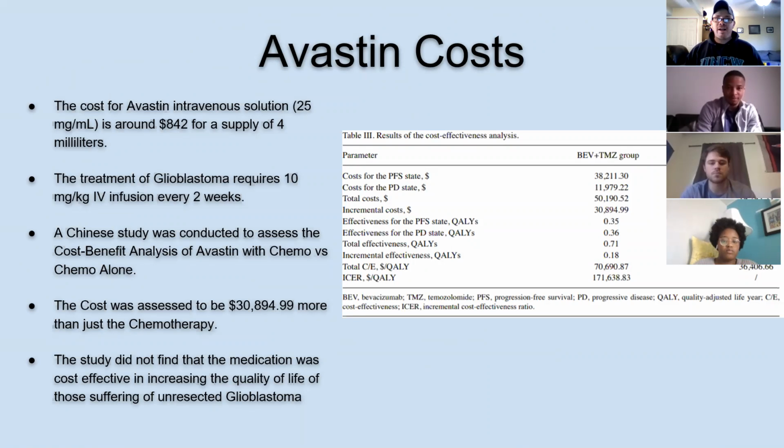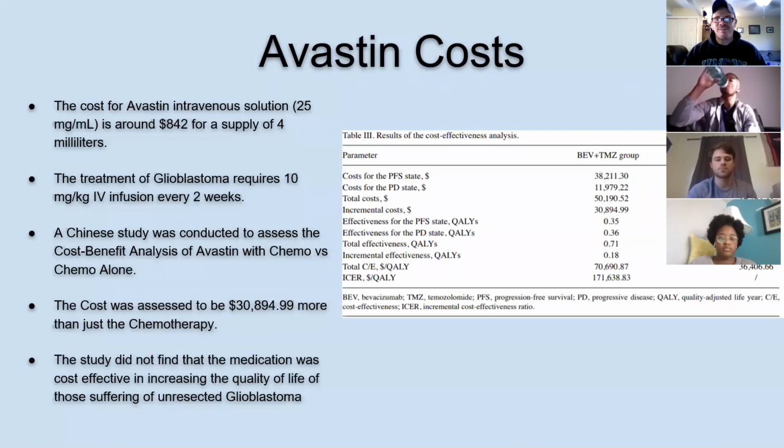It's really hard to figure out how much medications cost in the US because a lot of it changes based on your insurance, if you qualify for any kind of breaks, what kind of insurance you have. Even on Avastin's website, if you're trying to figure out if you could even afford it, they don't tell you straight up how much it's going to cost. They put you behind a questionnaire and ask you a bunch of questions.